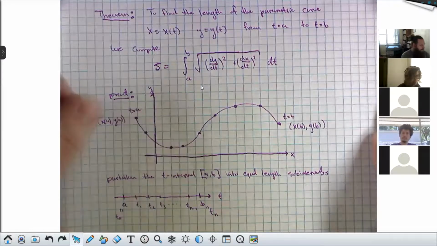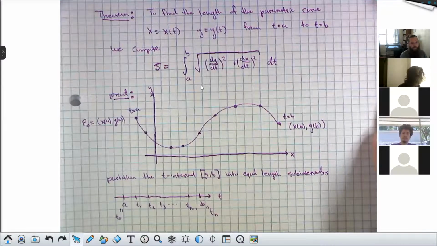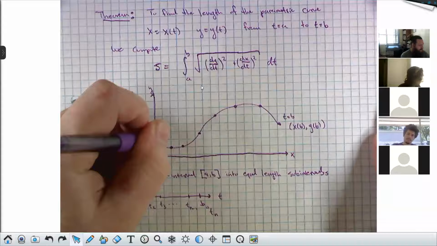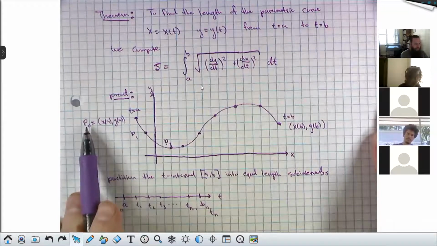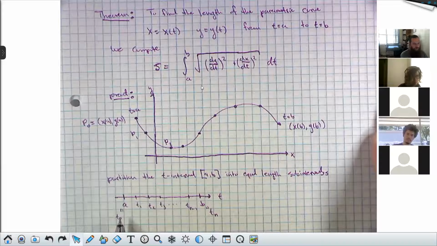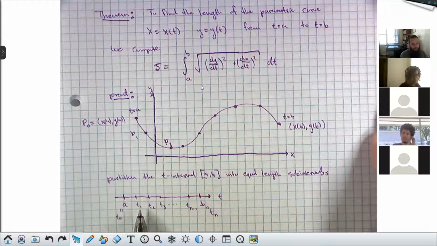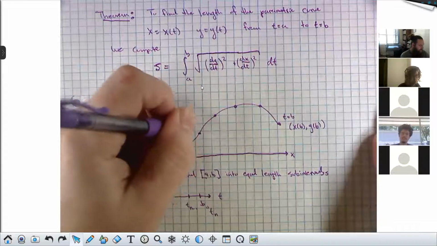Now, just to make life simple, I'm going to call the initial point P0. I'll call this next point P1. The next point here I'll call P2, and so on. So P0 is the point associated with the time T0, or A. P1 is the point associated with the time T1. P2 is the point associated with the time T2, and so on. So it'd be like P3. I'm going to put some dots in here.